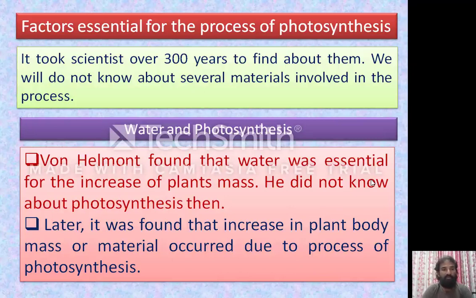Actually, scientists didn't know about the different factors involved in photosynthesis for over 300 years. It took scientists over 300 years to find out the different factors that are involved in photosynthesis. Even now there are many unknown compounds involved in the process of photosynthesis that have not been identified by any scientist.